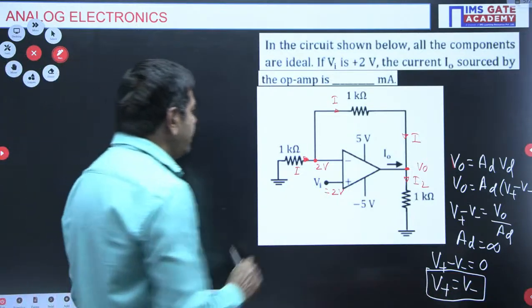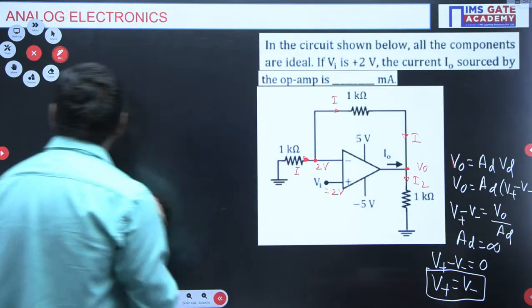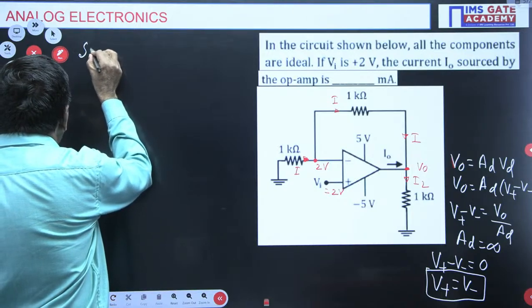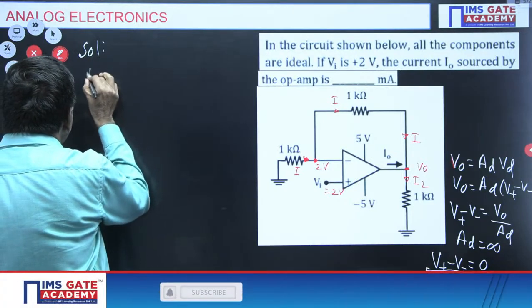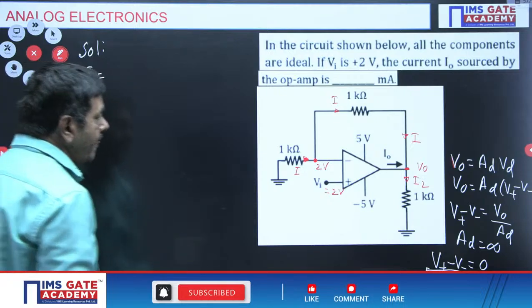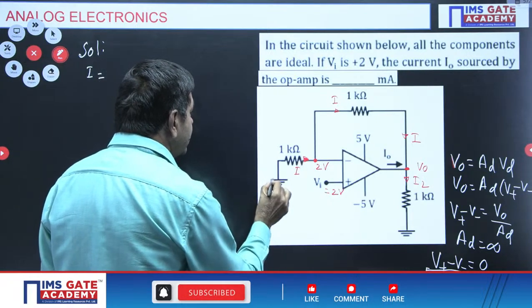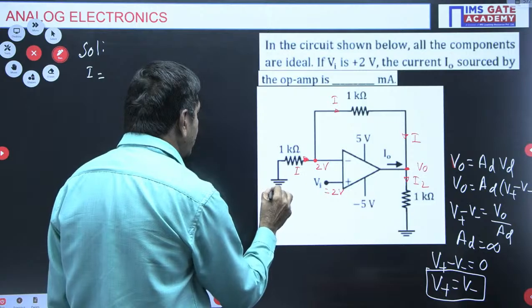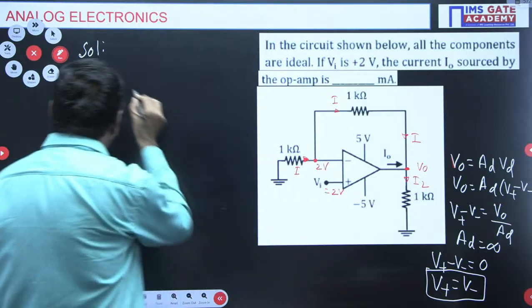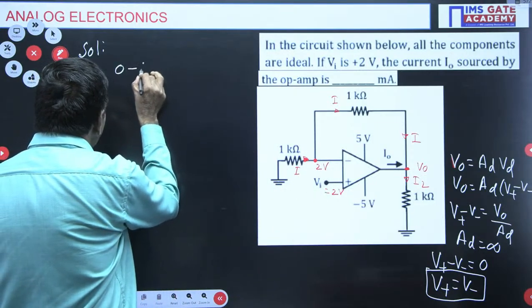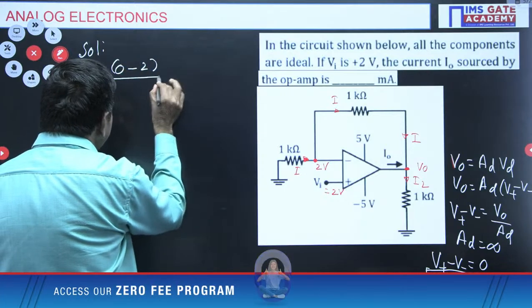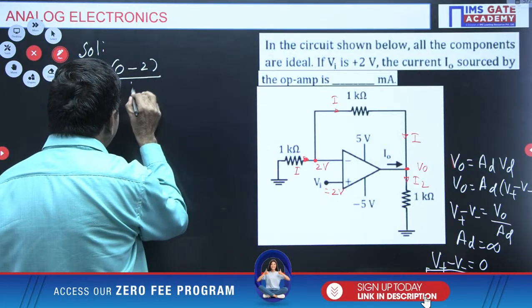Now this current I is required in this particular problem. How to get I? I is 0 minus 2, since it is grounded here, divided by the resistor, which is 1K.